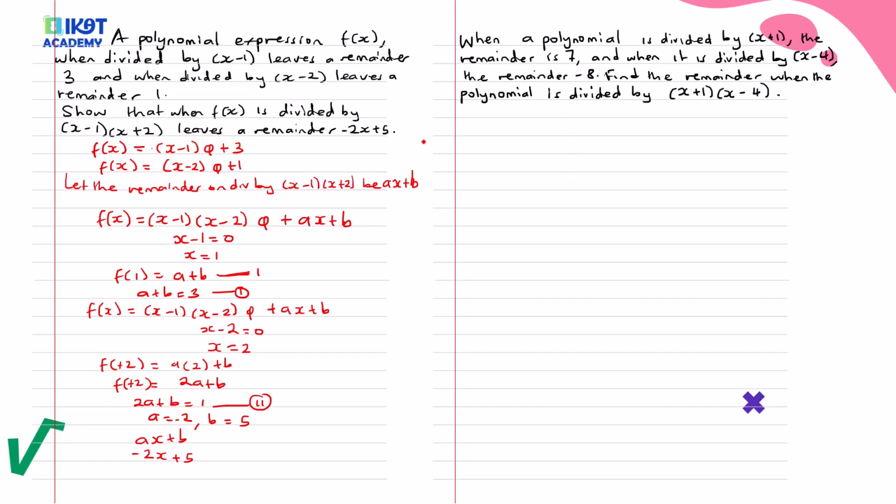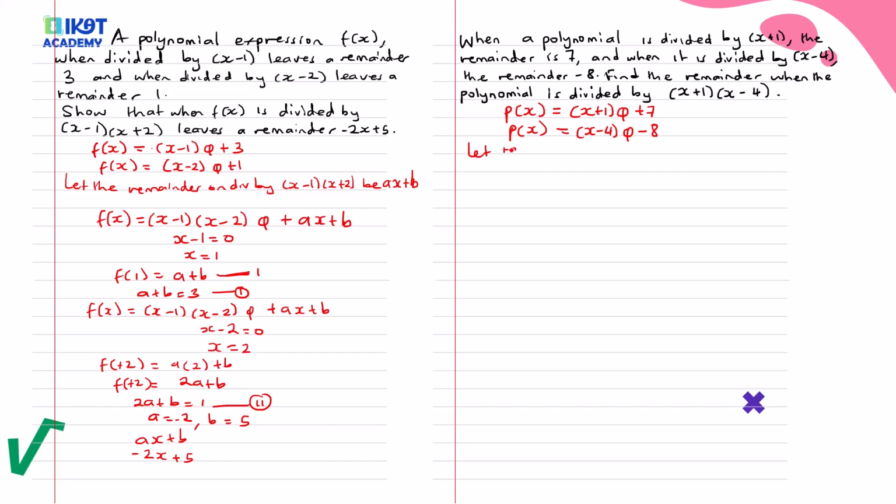So this same concept that we have seen here: when a polynomial is divided by x plus 1, the remainder is 7. So you're going to say let the polynomial be p of x. When it's divided by x plus 1, the remainder is 7. When the same is divided by x minus 4, the remainder is -8.